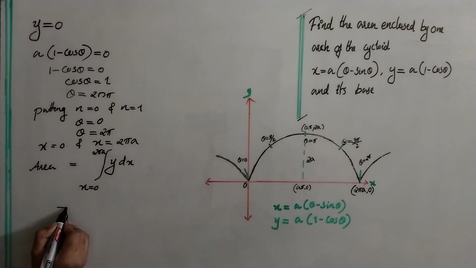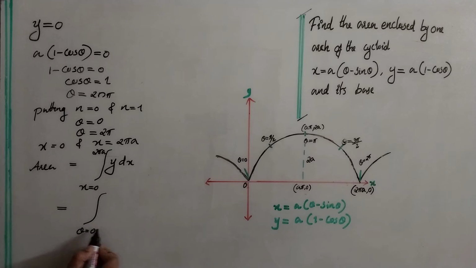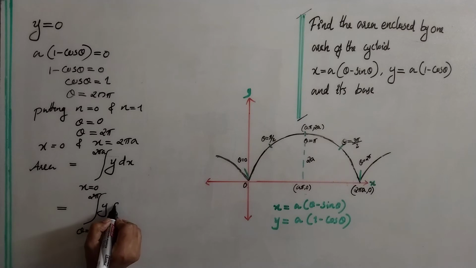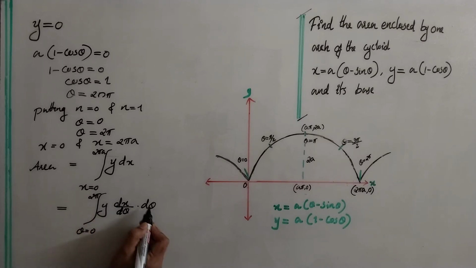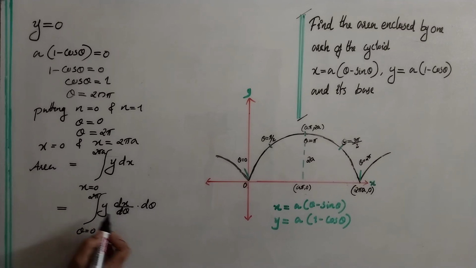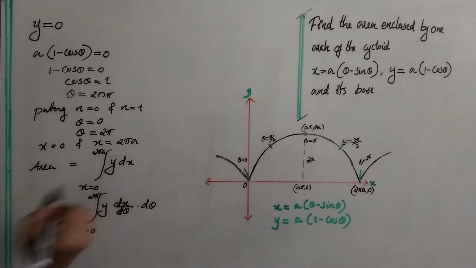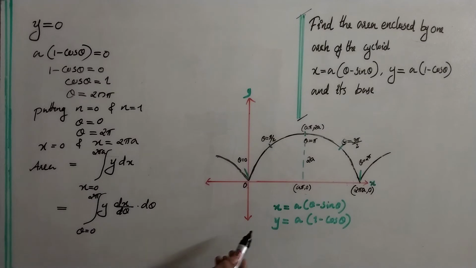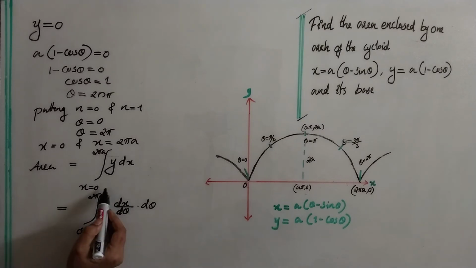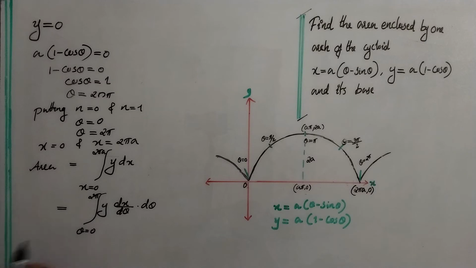So we can write it as the integral from theta equal to 0 to theta equal to 2 pi of y into dx by d theta into d theta. These two d theta will cancel each other, then we get the same y dx form. Here the equation is given in parametric form, so we have to use the limits of theta equal to 0 to theta equal to 2 pi.